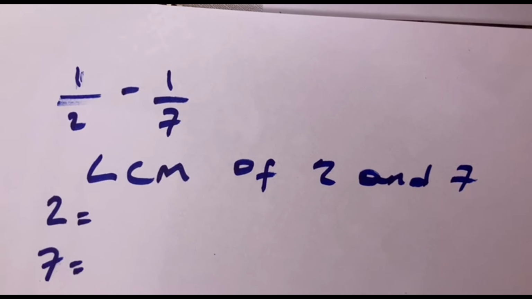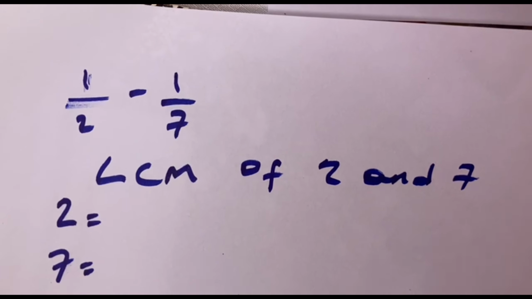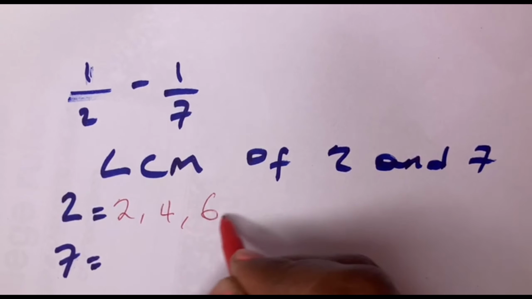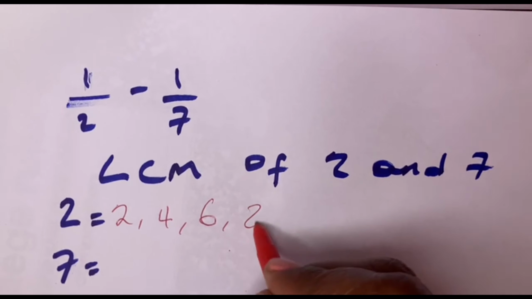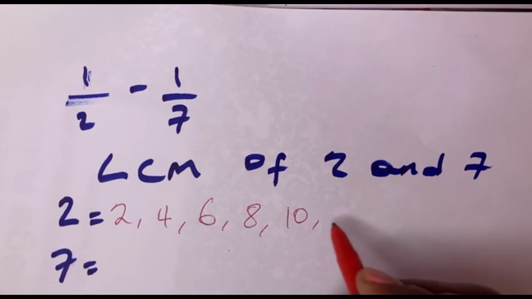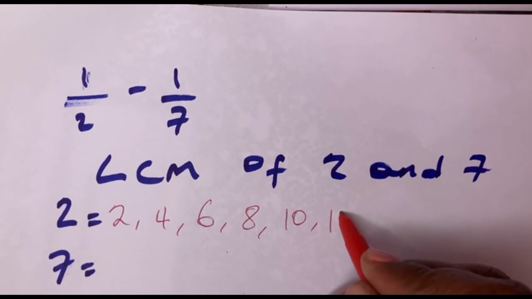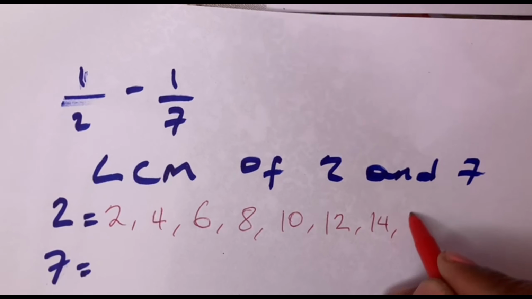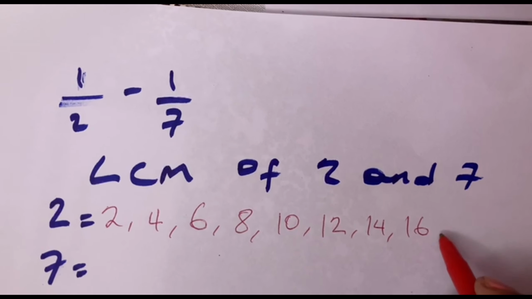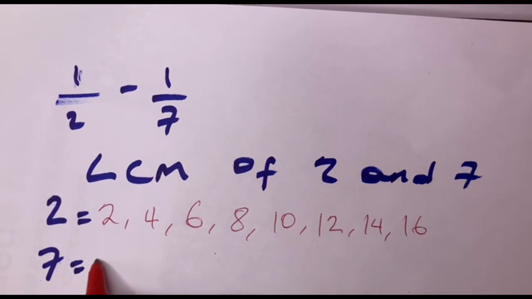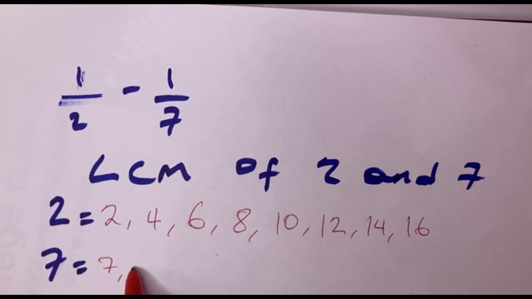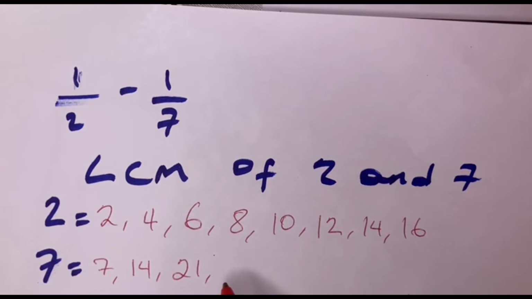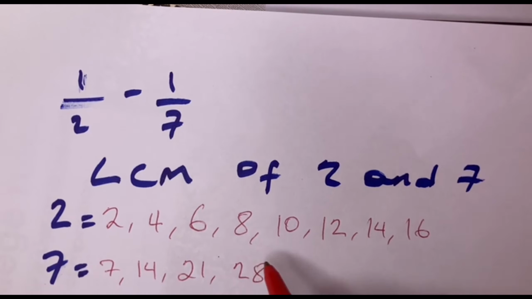So we have to multiply. 2 times 1 is 2, 2 times 2 is 4, 2 times 3 is 6, 2 times 4 is 8, 2 times 5 is 10, 2 times 6 is 12, 2 times 7 is 14, 2 times 8 is 16. Okay, let's stop here. 7 times 1 is 7, 7 times 2 is 14, 7 times 3 is 21, 7 times 4 is 28. Okay, we stop here.